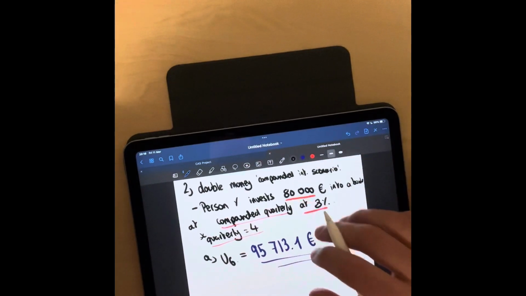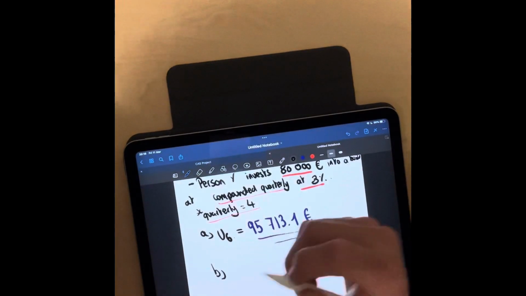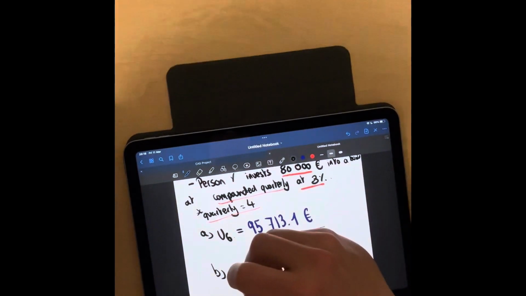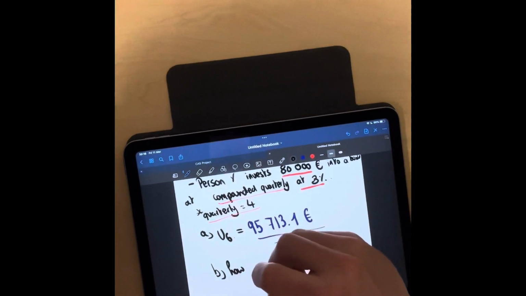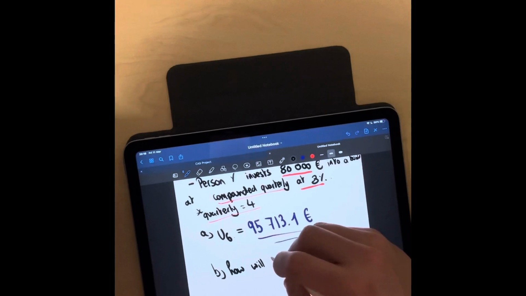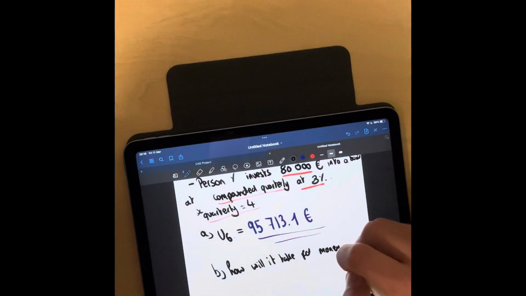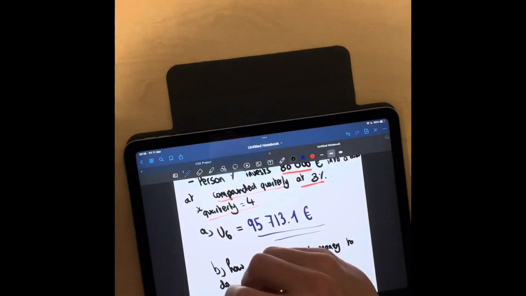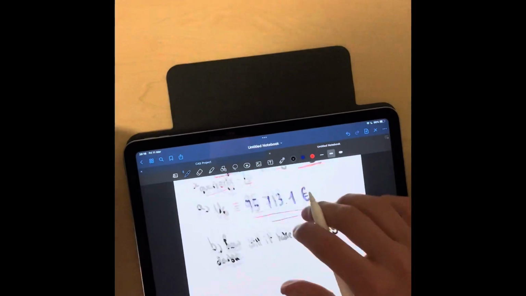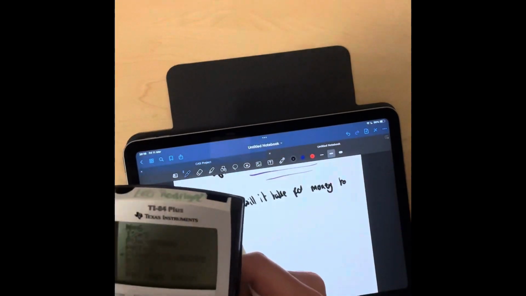Now we go to question B, which asks how long will it take for the money to double? So this is simple. You want to go back on your calculator.